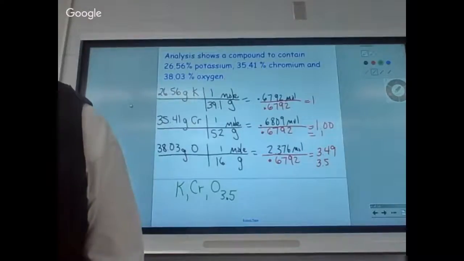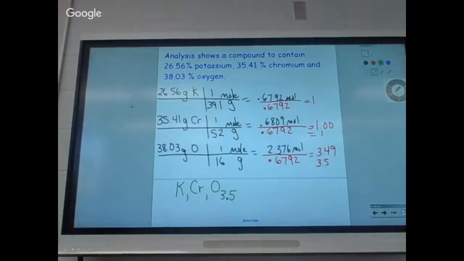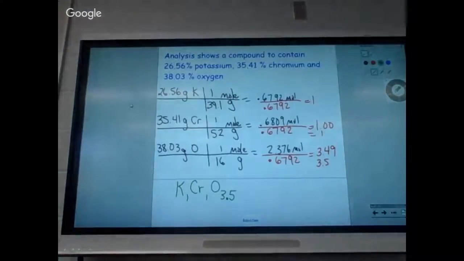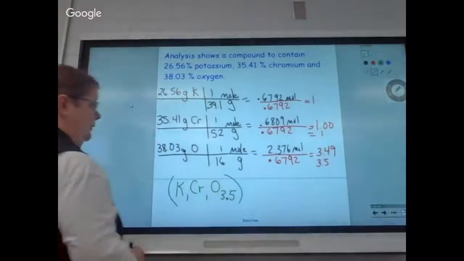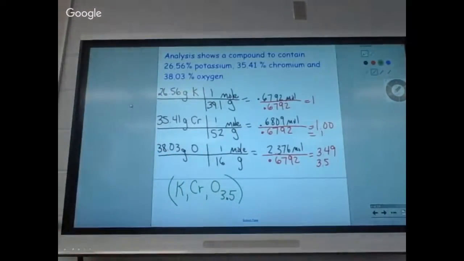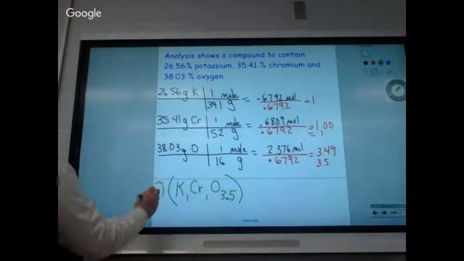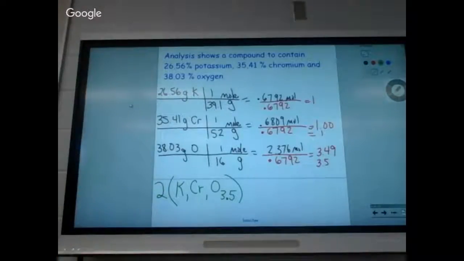No, I want you to think math class. How do y'all get rid of a half in math class? You can't round. Multiply by the reciprocal. So what's the reciprocal of a half? 2/1 or 2. So we're going to multiply by 2.